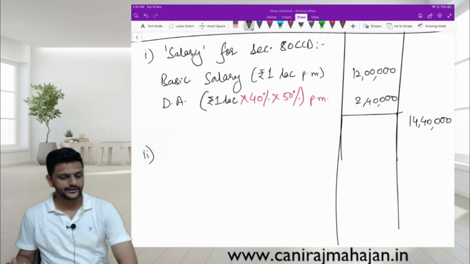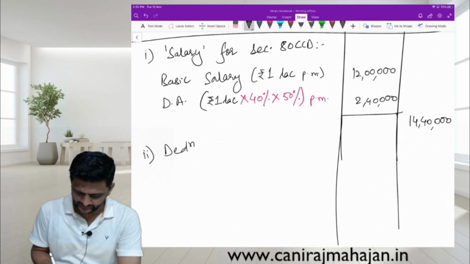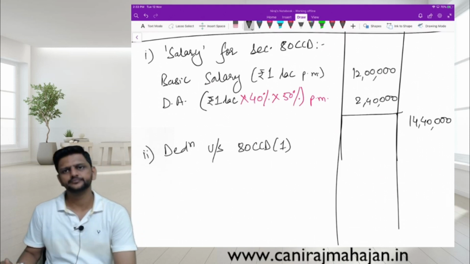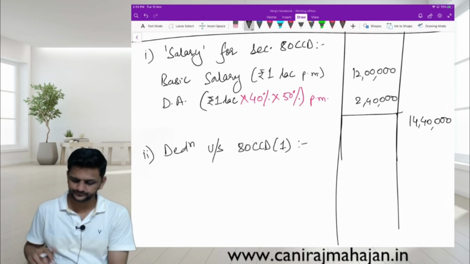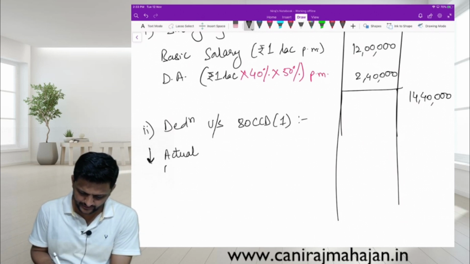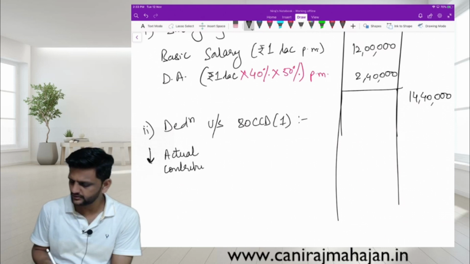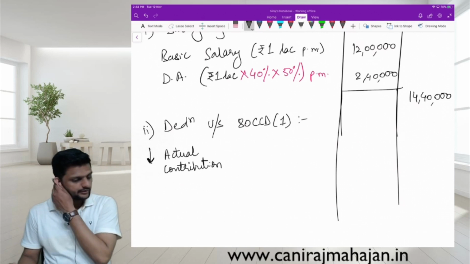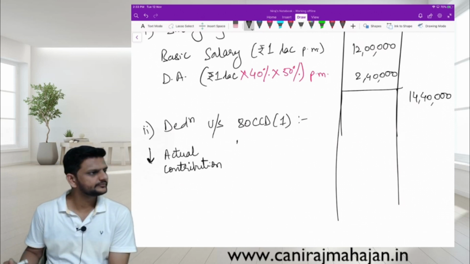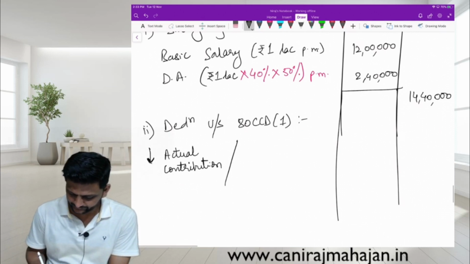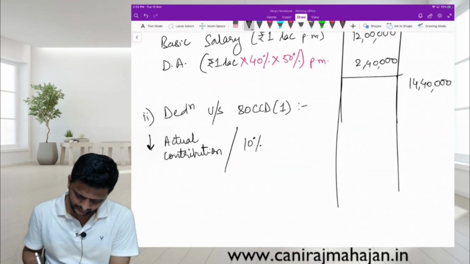Second one, deduction under section 80CCD(1). It is the lower of actual contribution or 10% of salary.